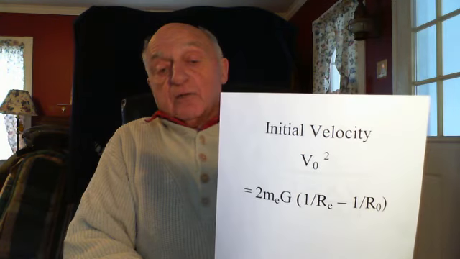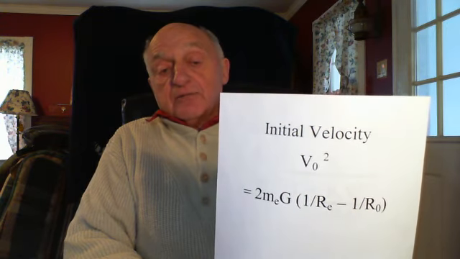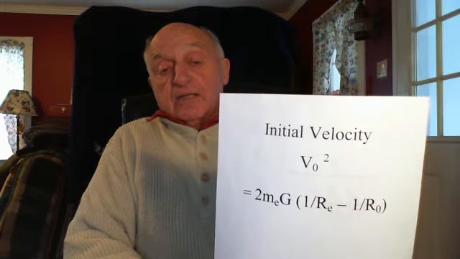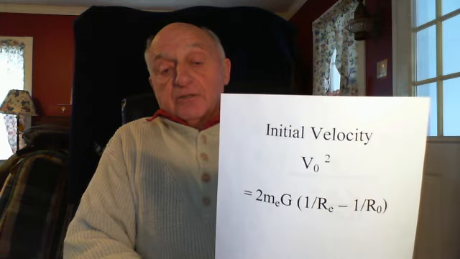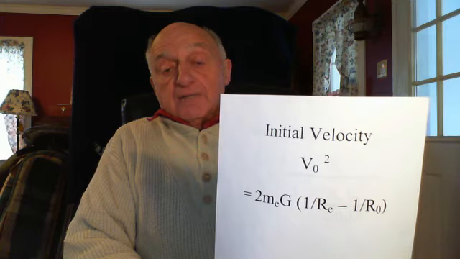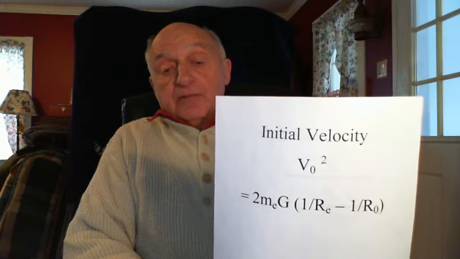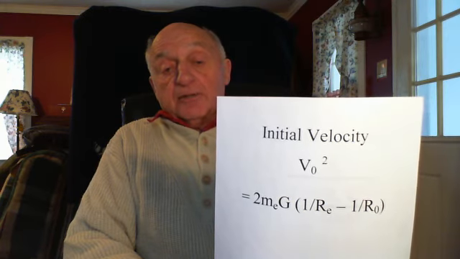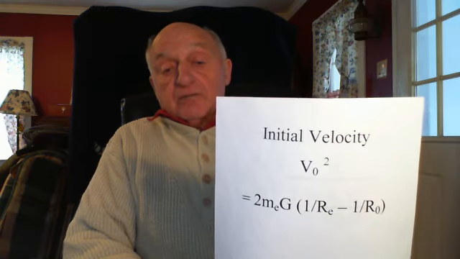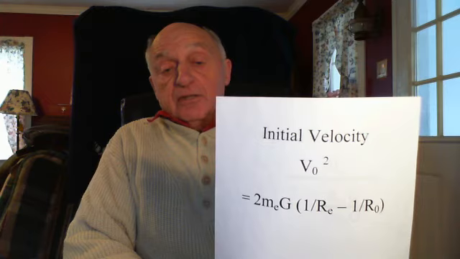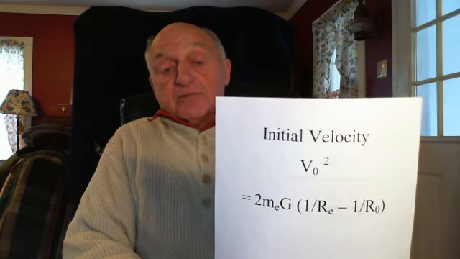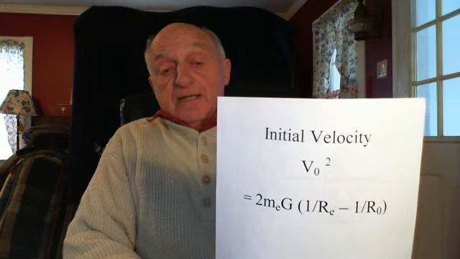That's equal to twice the mass of the Earth times the universal gravity constant, multiplied by the reciprocal of the radius of the Earth minus the reciprocal of the initial radius of the Moon. That would be the maximum radius of its initial elliptical orbit, and that determines the velocity. And this is the energy per unit of mass of the Moon. So the mass of the Moon times this velocity squared gives you the kinetic energy of the Moon.